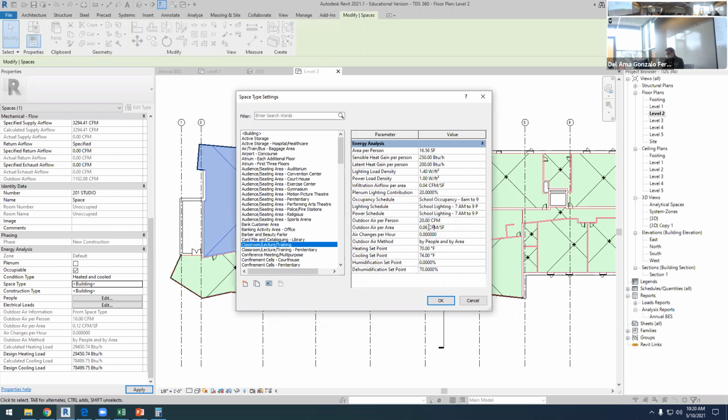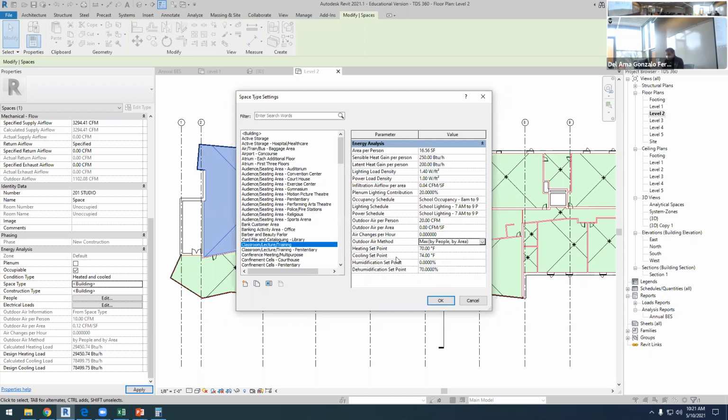And for the area, we can type 0. And then the outdoor air method, we can say the maximum by people or by area. If we have selected 0 by area, the maximum is going to be by people, always. So let's select this, maximum by people and by area.